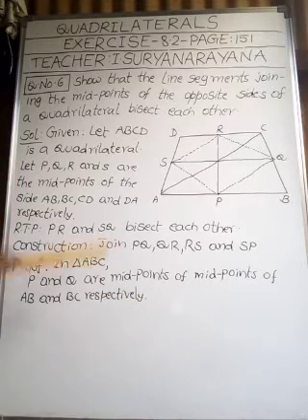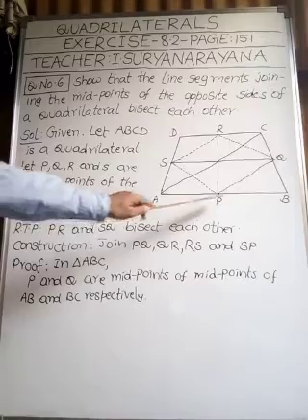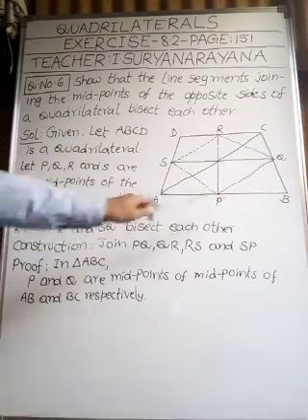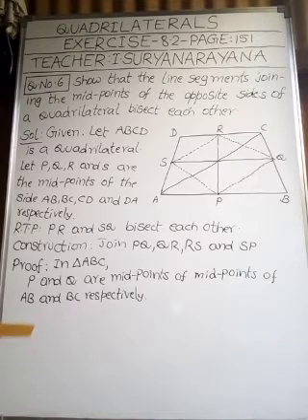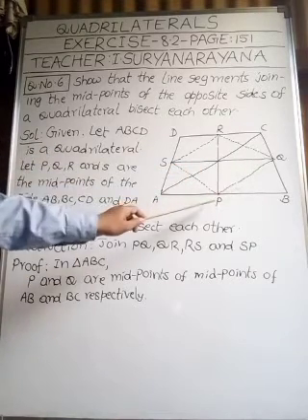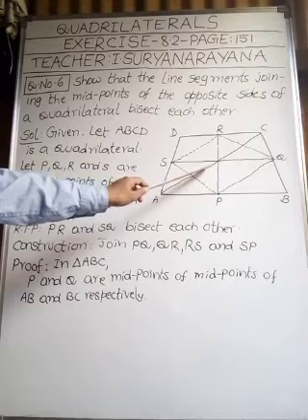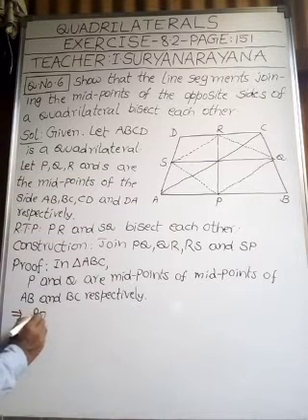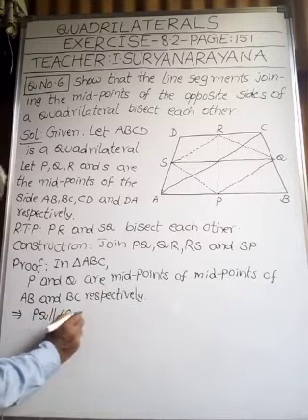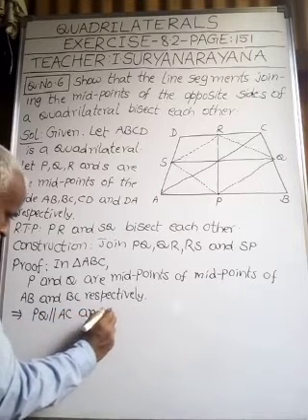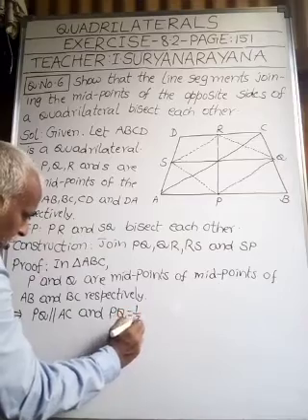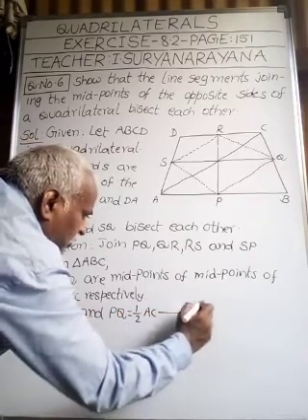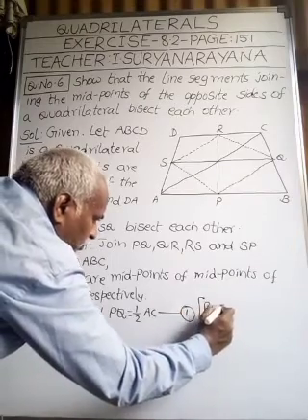So by the midpoint theorem, we can say that the line segment PQ is parallel to AC. This implies PQ is parallel to AC and PQ is equal to half of AC. Let us consider this as result 1 by the midpoint theorem.